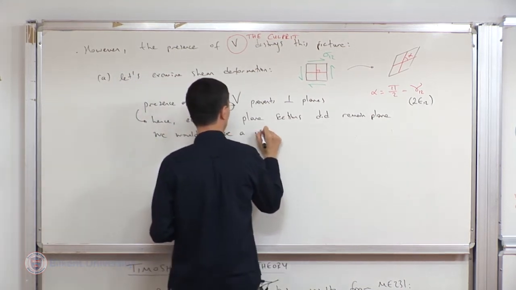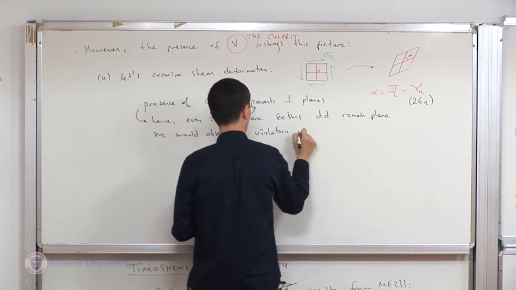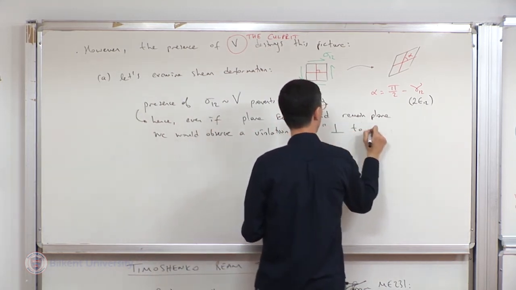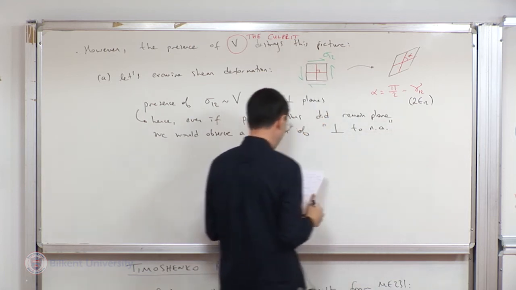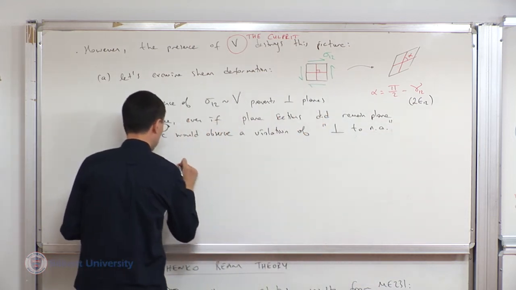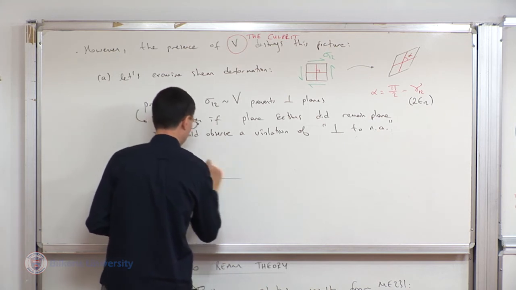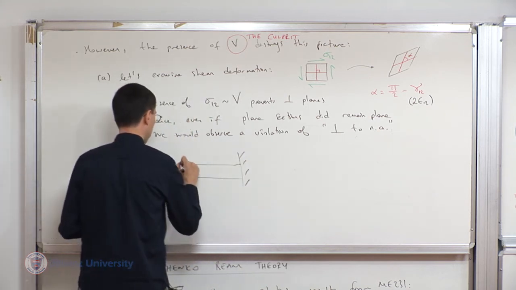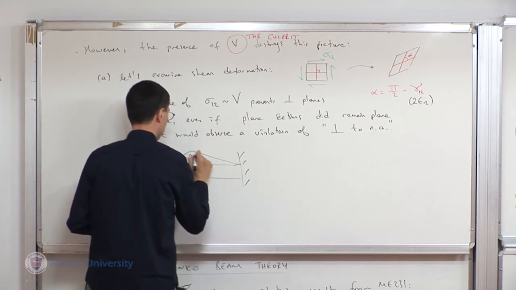We would observe a violation of the assumption that they remain perpendicular to the neutral axis after deformation. So what I mean is the following. This is the example that I have drawn at the beginning of the lecture. This is our example loading, right?